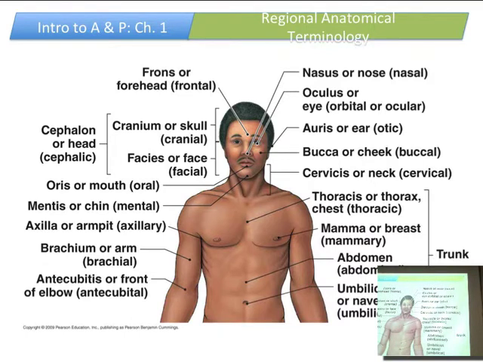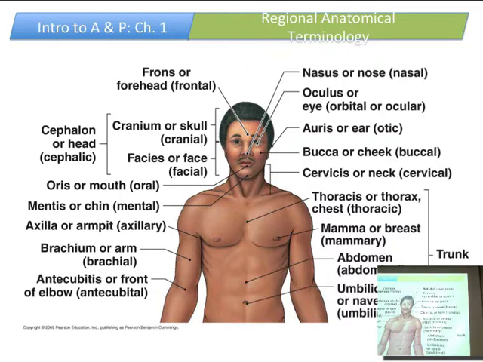That's the nasal region, the oculus or eye, the oris region, or otic is the adjective. Bucca means cheek or buckle. You hear the term buckle quite a bit. Cervicis is the name for the neck, or cervical is the adjective.